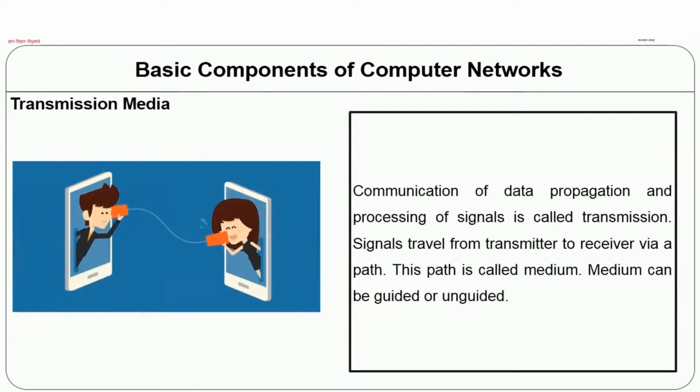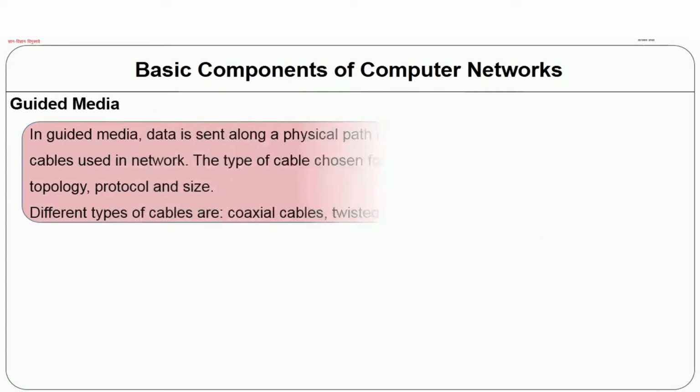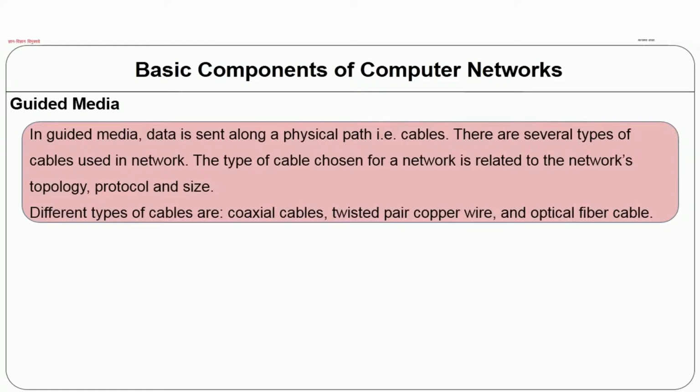Transmission media. Communication of data, propagation and processing of signals is called transmission. Signals travel from transmitter to receiver via a path. This path is called the medium. Medium can be guided or unguided. Guided media: data is sent along a physical pathway, that is cable.